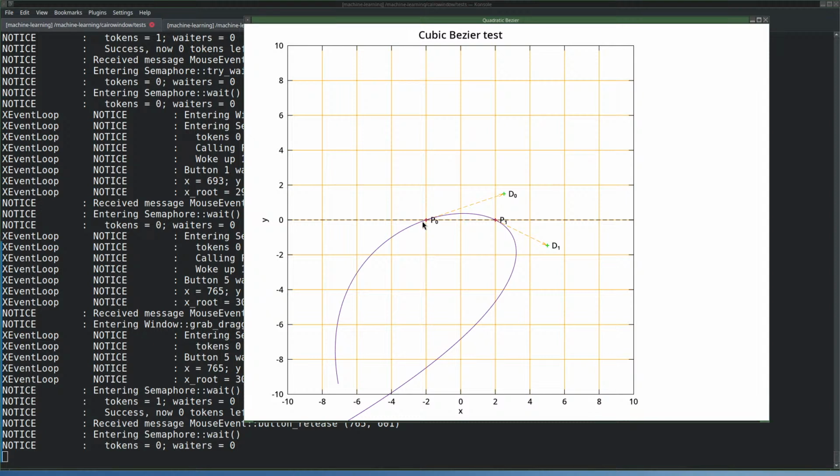Which then will reveal what the D1 is. At least the direction. That's the idea.